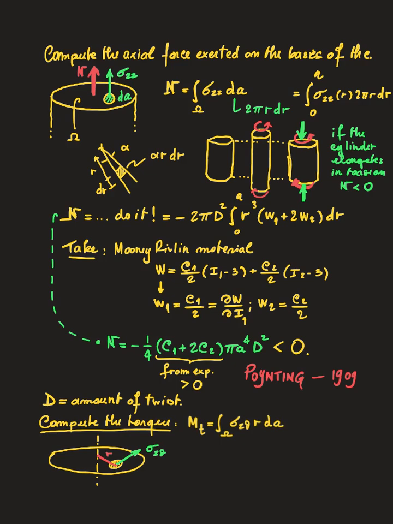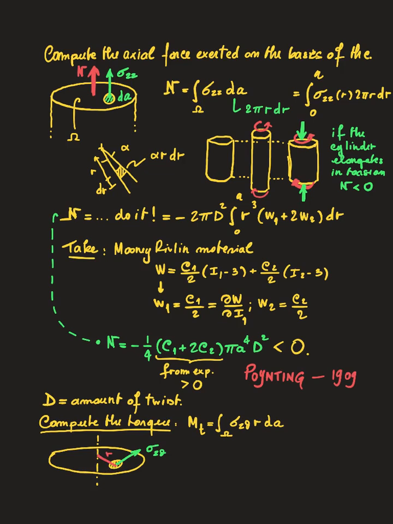So essentially this little piece here, sigma z theta times r, would be the torque per area unit. Imagine, because you see this is a force per area unit, and so if you want to compute the torque, the couple of this force relative to the center, the axis of the cylinder, then you multiply times the arm, the distance.